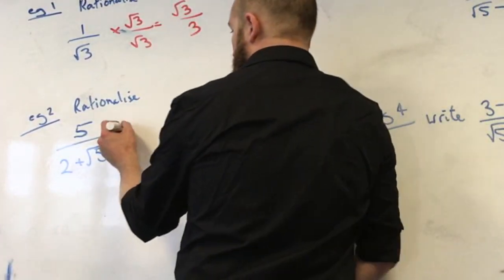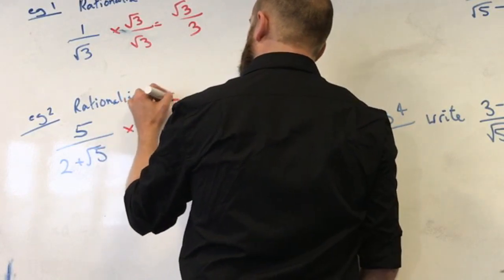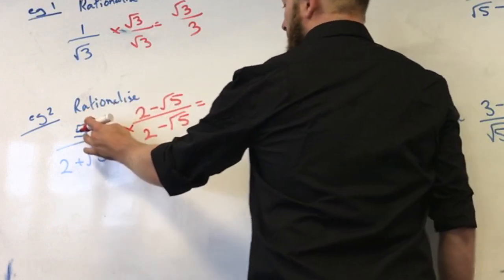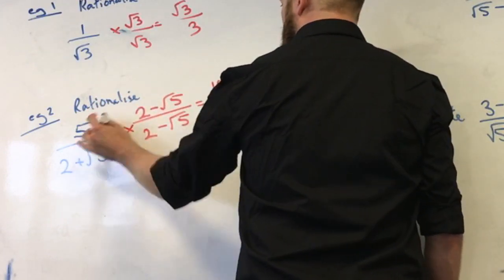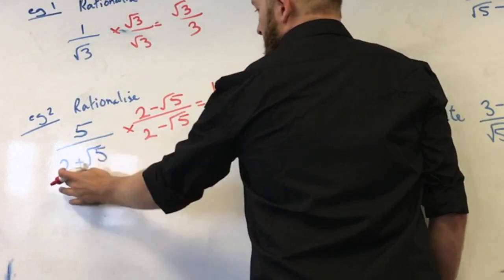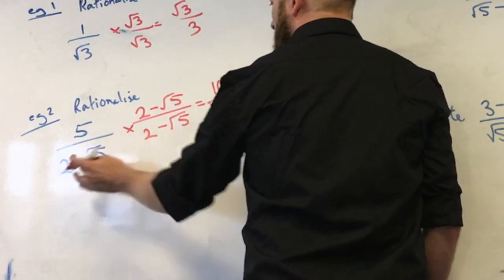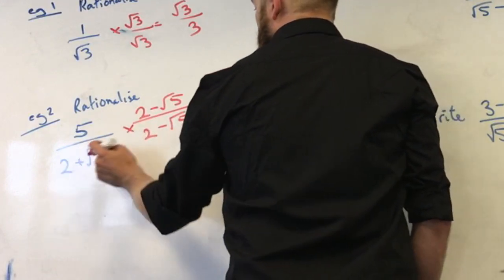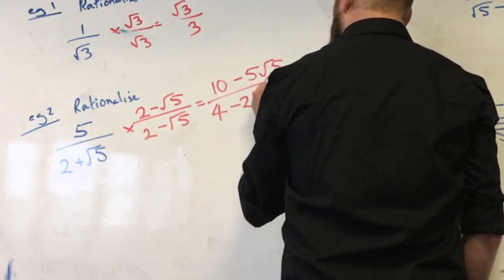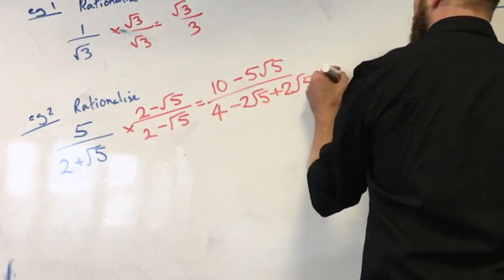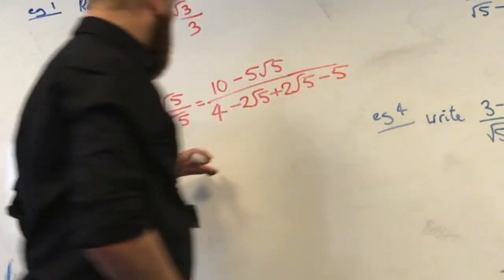Rationalise this one, we need to times it by 2 minus root 5 over 2 minus root 5. So 5 times 2 is 10, 5 times root 5 is minus 5 root 5, over 2 times 2 is 4, 2 times minus root 5 is minus 2 root 5, 2 times root 5 is plus 2 root 5, root 5 times root 5 is 5, so we get that.